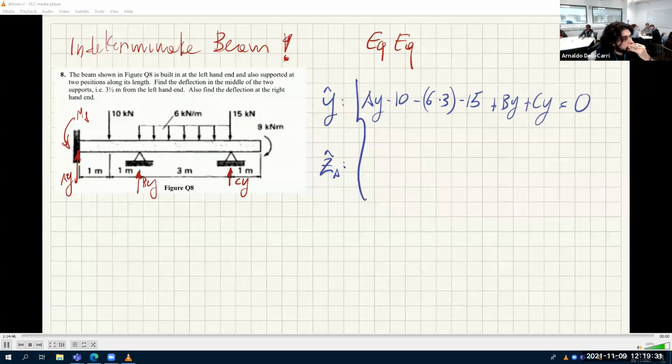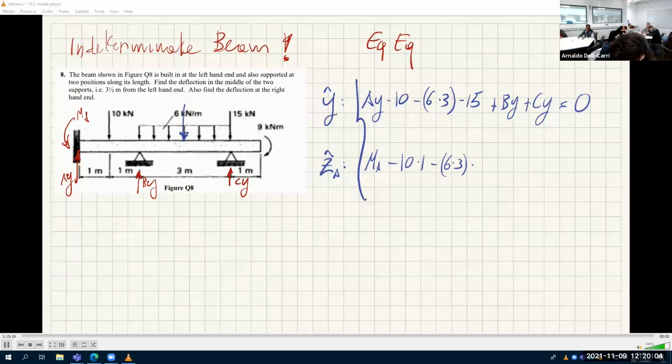And here we also have MA minus 10 times 1 minus 6 times 3 times, it's applied here, and say it's 2 and 1.5, it's 3.5.